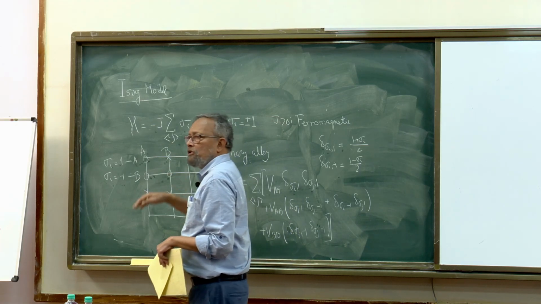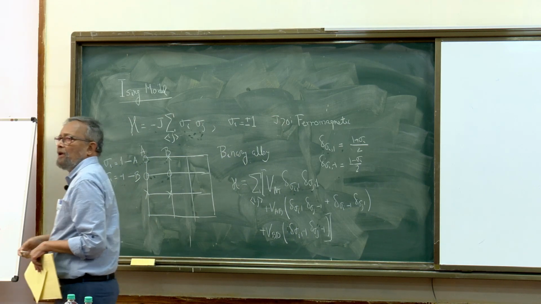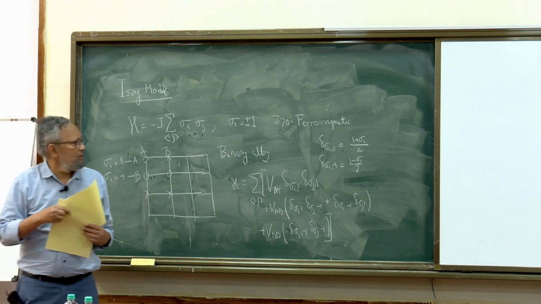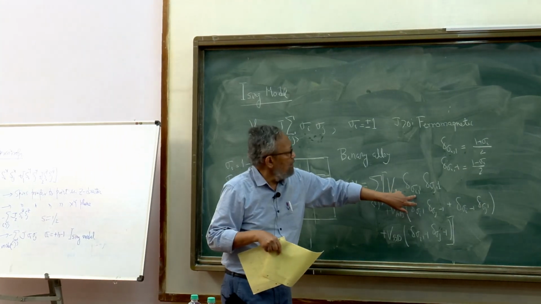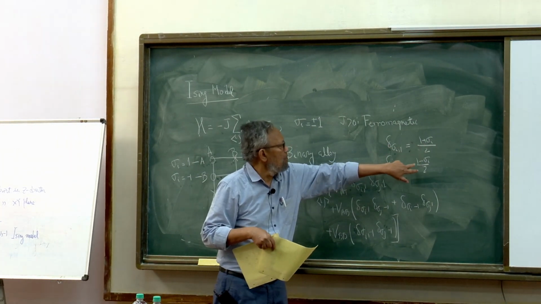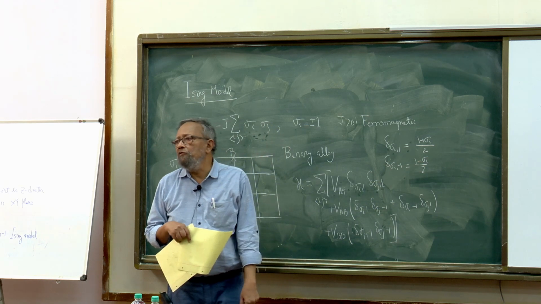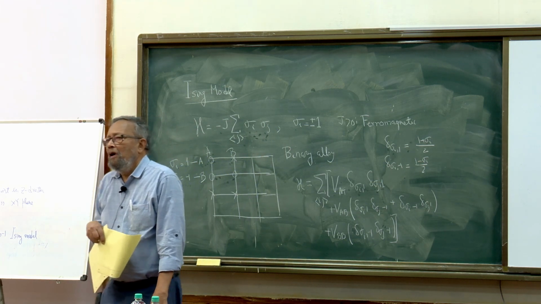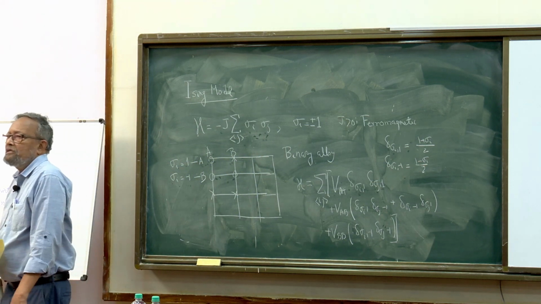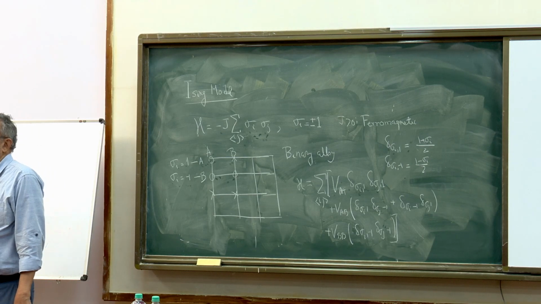There will in general also be a term which is linear in the sigmas, because each of these, as you can see here, will be 1 plus or 1 minus something. So if you look at the cross terms, there will be terms involving just the sigmas. And a term that involves just the sigmas is like a magnetic field.